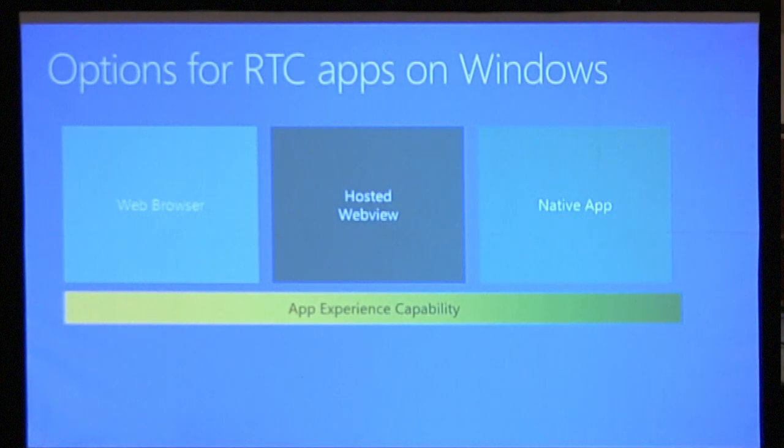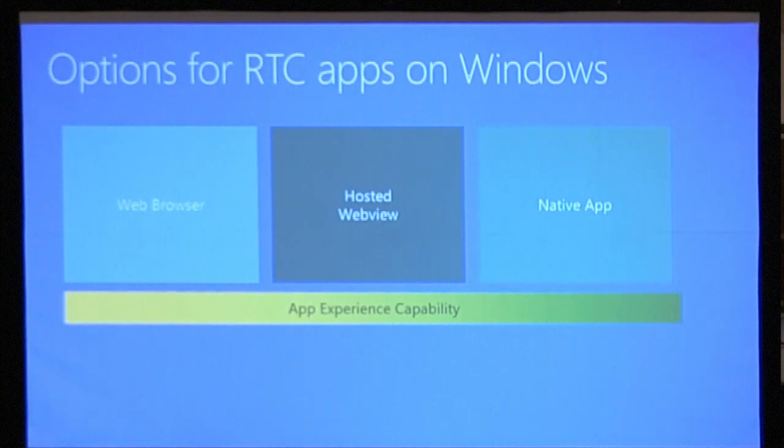Yep, good. Excellent. So as you can imagine, for WebRTC, there is a quite wide range of options. You can write an app in a browser, you can create a native application, or you can just take an application and attempt to host it in a web view. And experience differs quite broadly between the two.